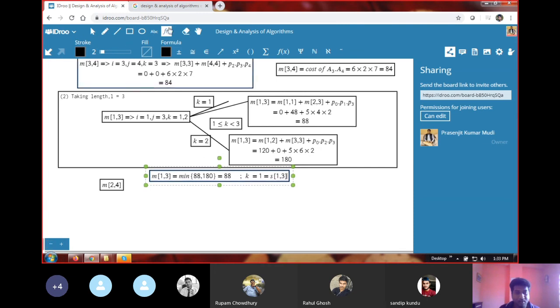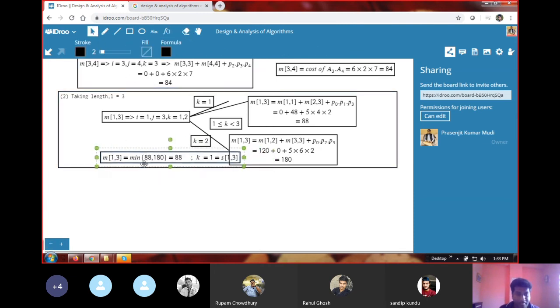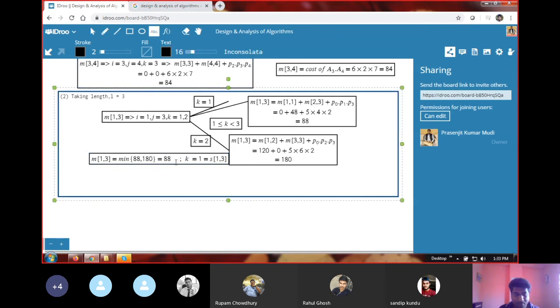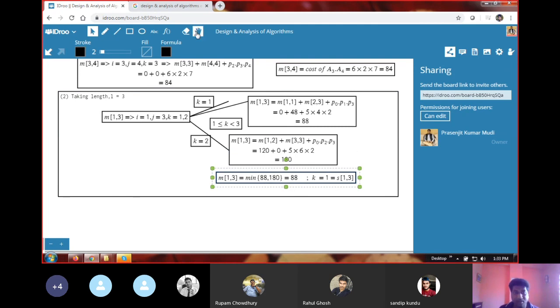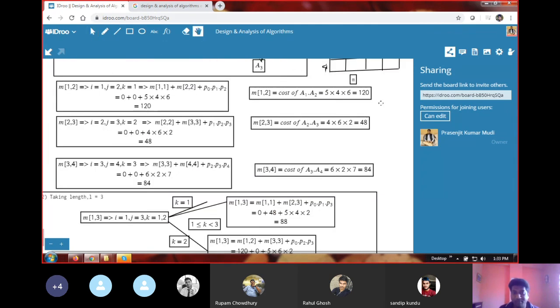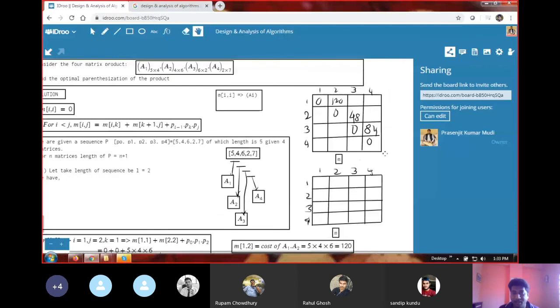Okay, so this is the case. So immediately you try to fill up the table, update the table. Here we got 88 for m1,3, and immediately the corresponding value of s1,3 becomes 1.